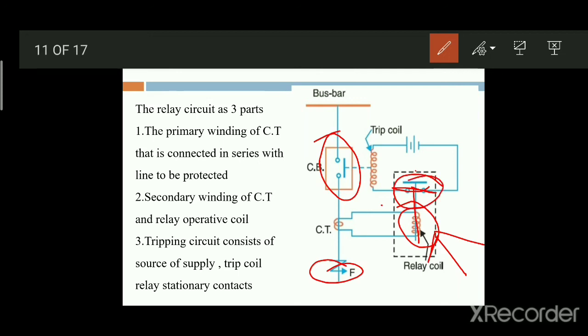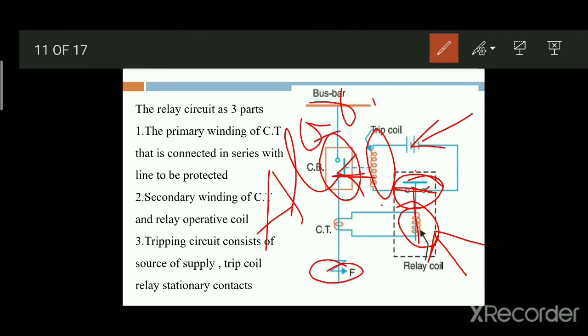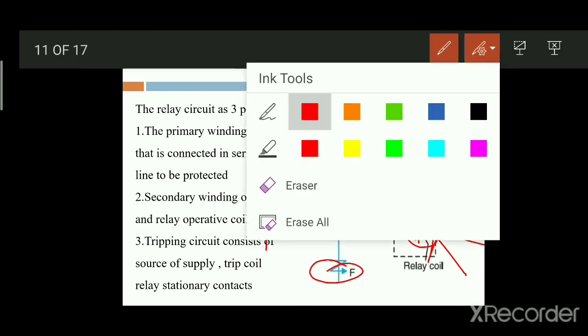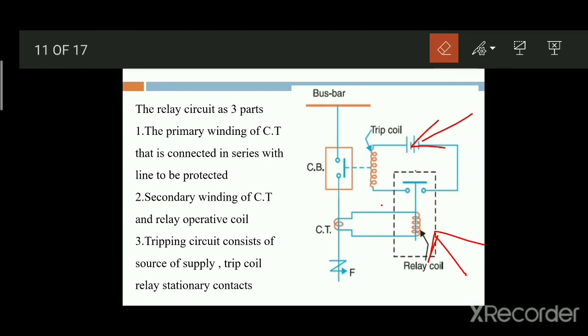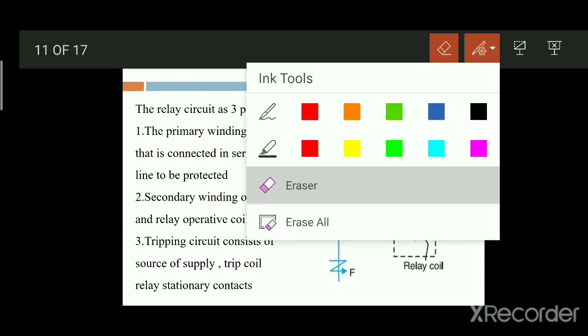If the circuit is in the closed position, then by using this battery, the tripping coil is energized. If the tripping coil is energized, then automatically it gives an alarm signal. Then the circuit breaker will be operated. This is the basic connection diagram for the relay and also the circuit breaker.